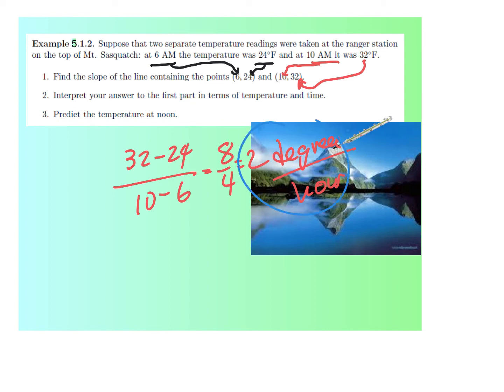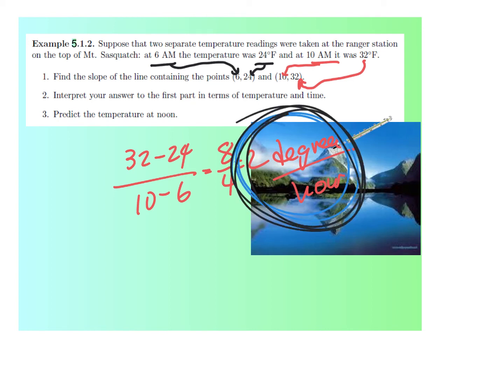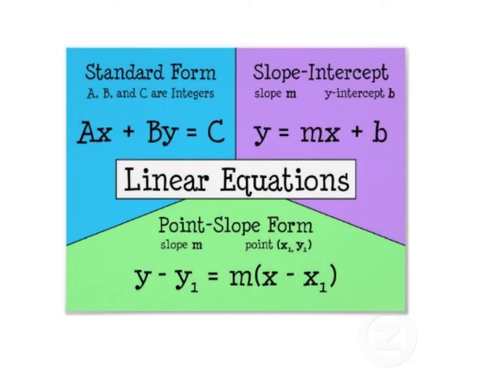So the slope ends up being a rate of change. So in a real world problem, yes, would we have to say if it's Fahrenheit or Celsius? It'd always be good, but not something to worry about right now. Okay, so we're going to move on.